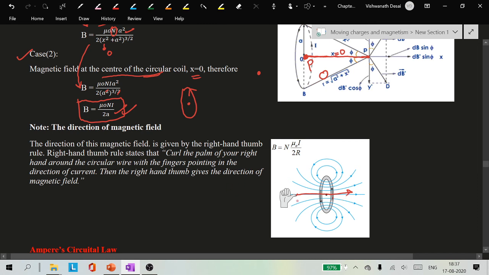So this is the direction of the magnetic field. So the magnetic field is in this direction, meaning it's supposed to be the north pole on this side, and here it should be the south pole. For the observer standing here, it appears like a north pole, and for the observer standing here, it appears like a south pole. So this is the direction by using the right hand thumb rule.